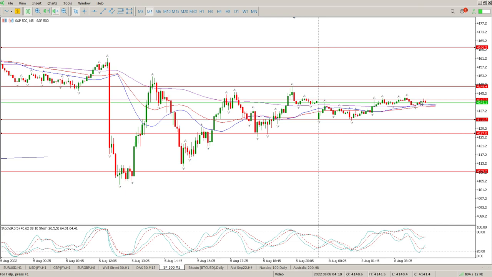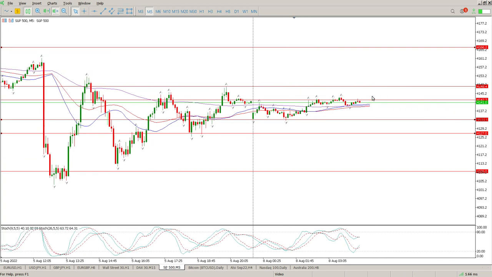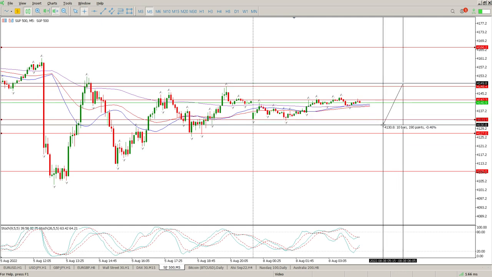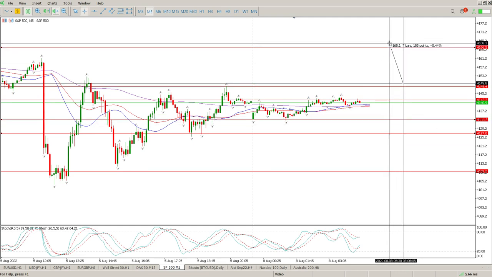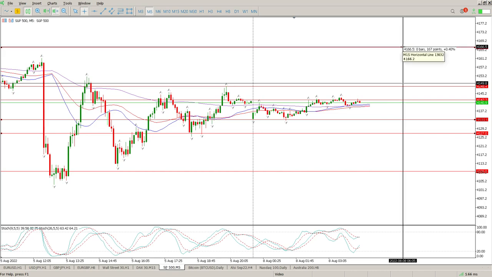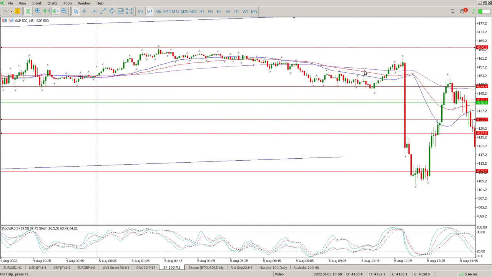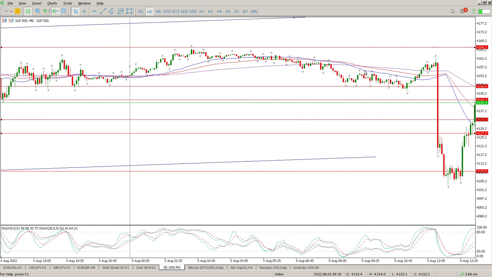All starting to cross over, so it's all leaning towards a move to the upside. But you look at the hour, you can see us looking for a move to the downside. So that's why I say get onto the lower time frames. I'm on the 5 minute at the moment, and as soon as you start seeing breaks above here on the 5 minute and the retest, that's your opportunity. Boom, and you've got a 200-point stop loss for a, well, not so great, but almost a one-to-one trade.